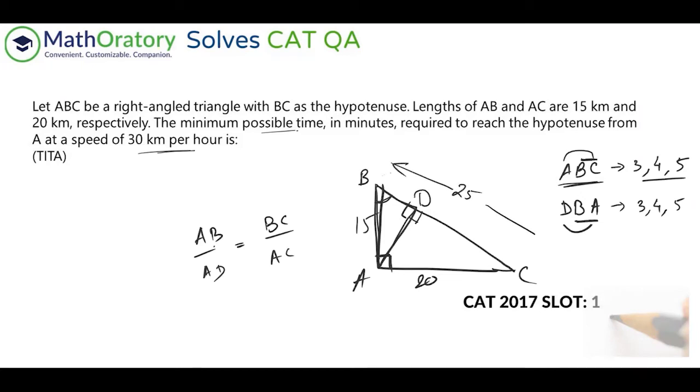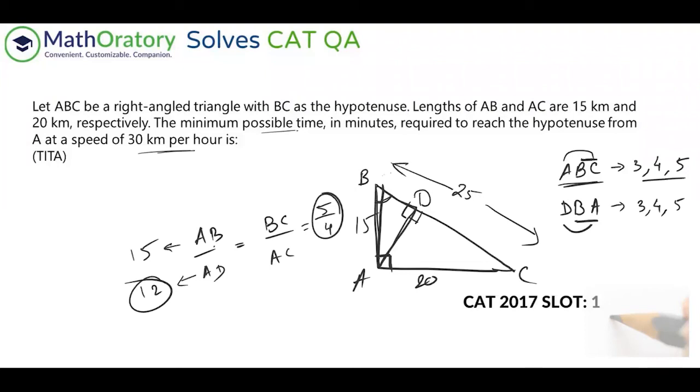BC is 25 and AC is 20, so this ratio is 25 by 20, which is 5 by 4. Now AB we already know is 15, so AD has to be 12 to get this ratio 5 by 4.